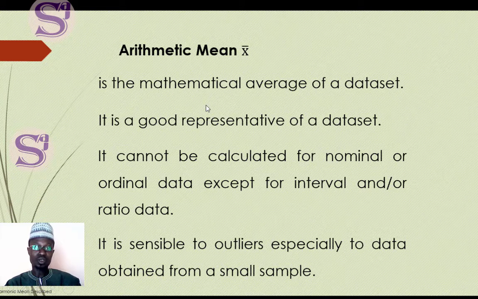And if you have other extreme values which are very low and you have more of the values which are very high, it will also dislodge the mean away from the central position. So one of the problems of the arithmetic mean is that it is very sensitive to outliers.